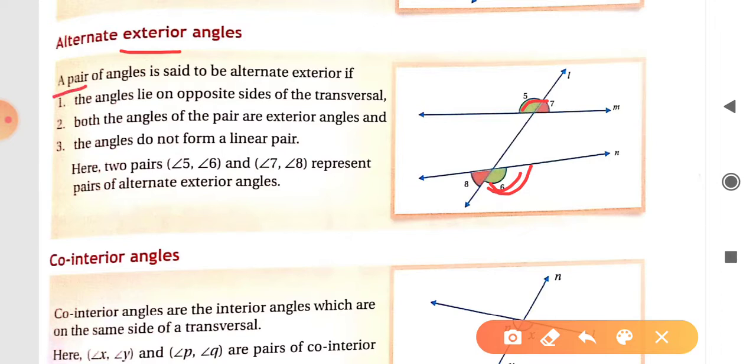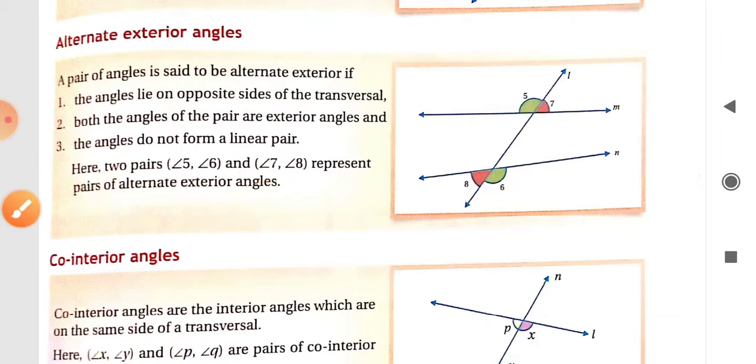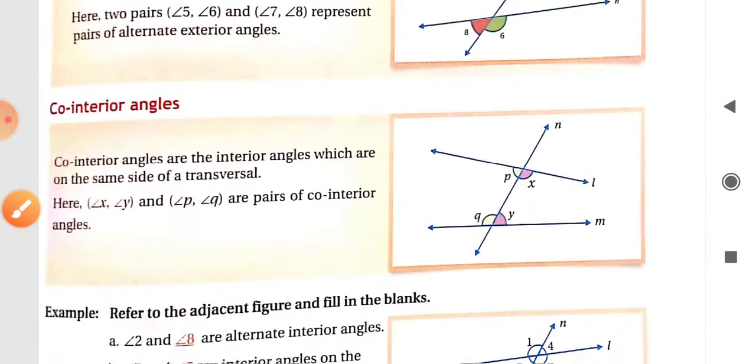So all three conditions are satisfied. Angle 5, angle 6 is a pair of alternate exterior angles, and similarly angle 7 and angle 8 are also a pair of alternate exterior angles.